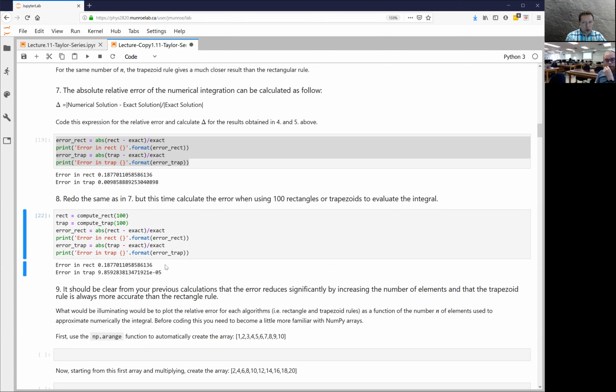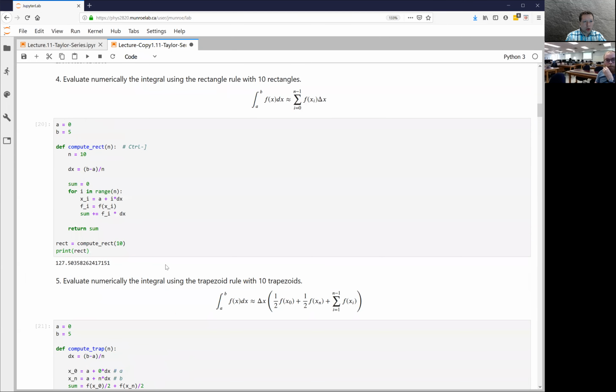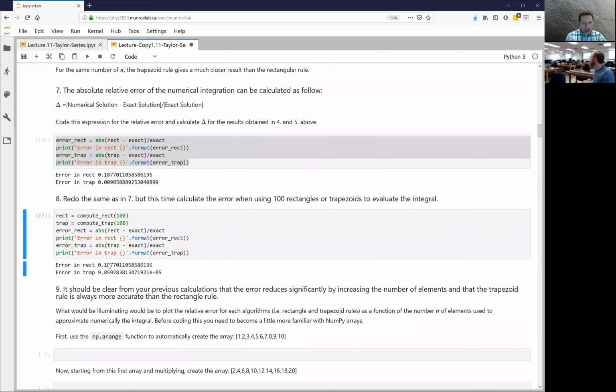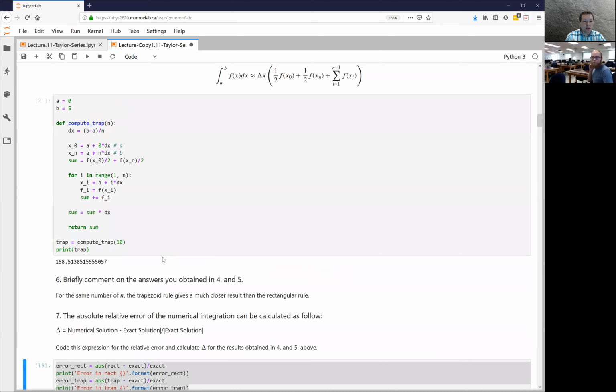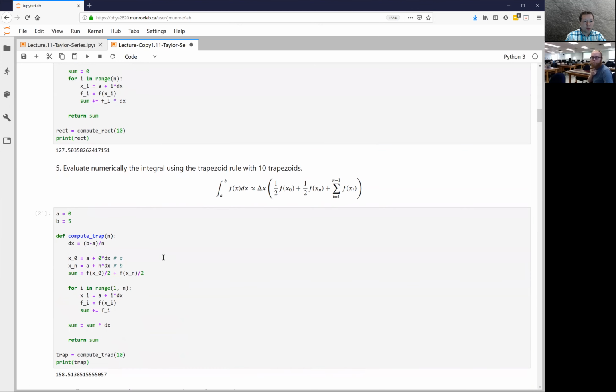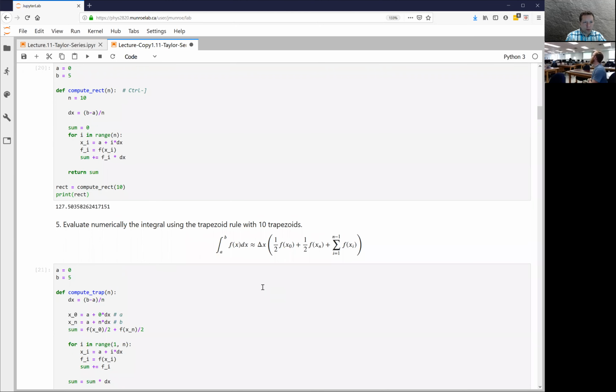How about you convert your rectangular function and see if you can find my mistake? Why am I getting no change in the error of the rectangular rule, but my trapezoid rule got a lot better, the error reduced? There must be a mistake somewhere in my code. So how about you try and write your own versions of compute trap, and tell me where my mistake is. I do see my mistake, but I'll let you figure it out.